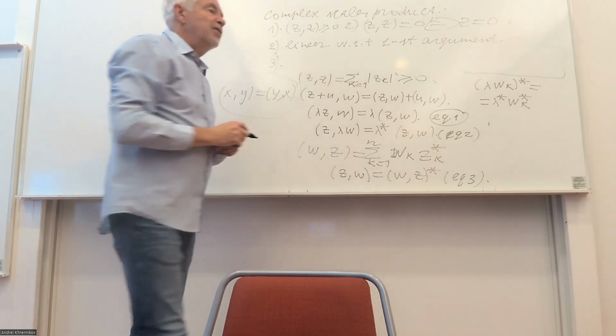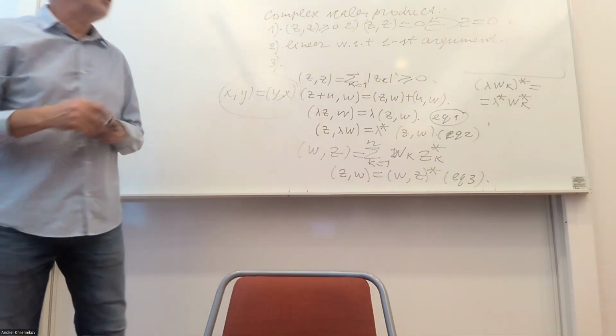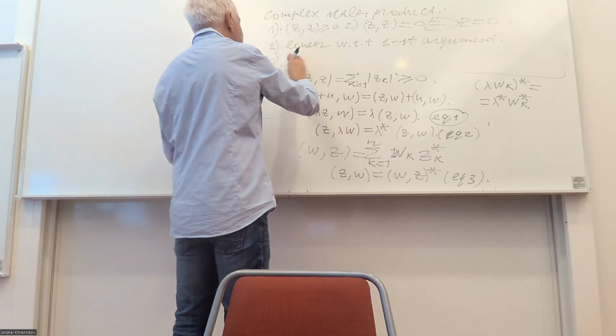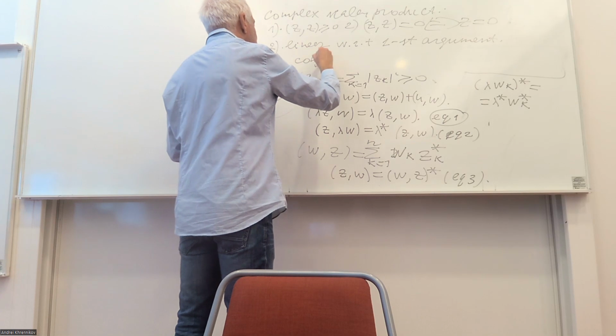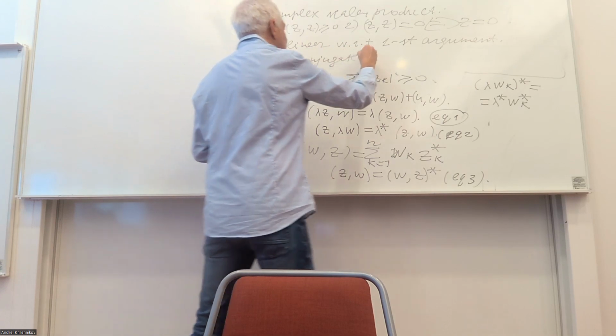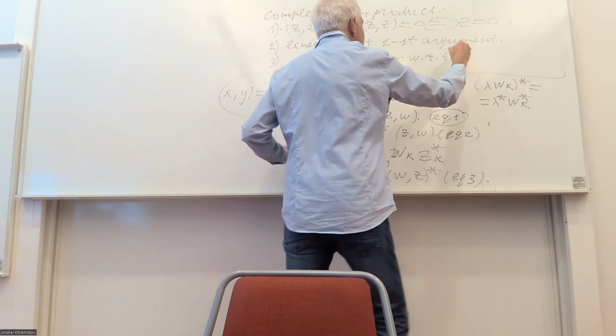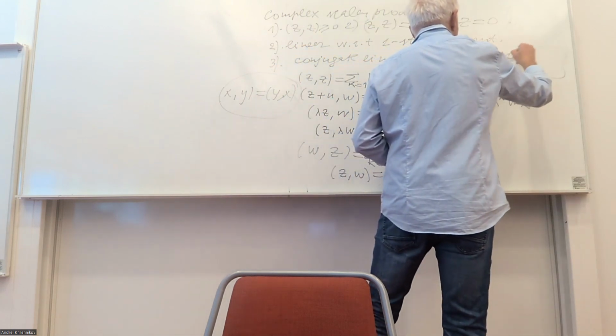Third, sometimes it's called skew linear or Hermitian linear, how do we call this, conjugate linear, with respect to the second argument.